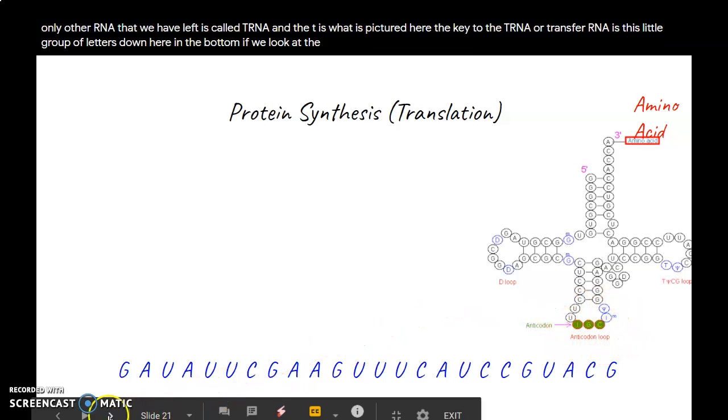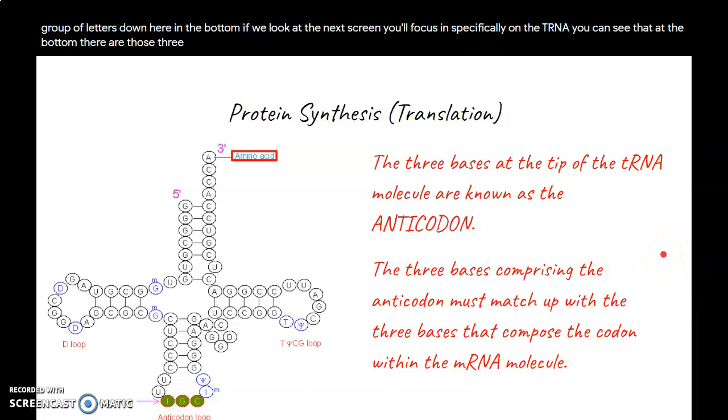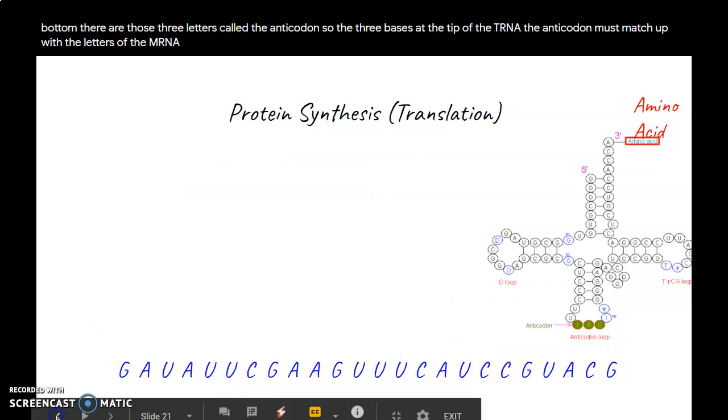If we look at the next screen, you'll focus in specifically on the tRNA. You can see that at the bottom there are those three letters called the anticodon. So the three bases at the tip of the tRNA, the anticodon, must match up with the letters of the mRNA.